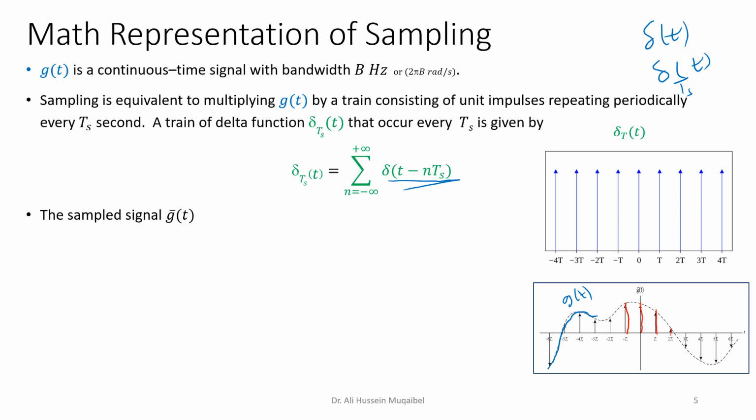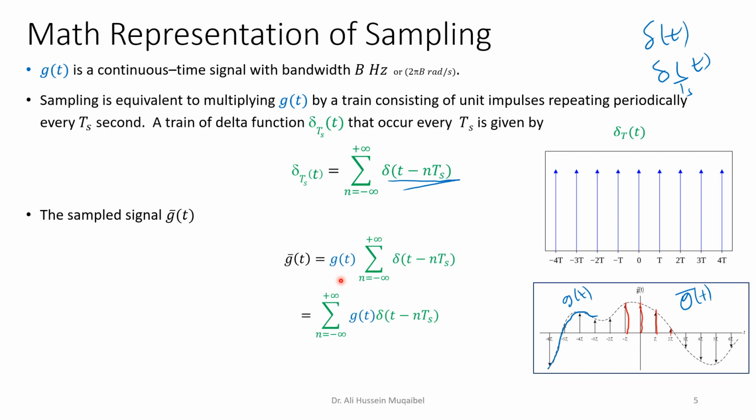And we can say that the sampled signal G bar of t is going to be the multiplication between the original function g of t and the train of impulses. If you multiply them by each other, you get the sampled signal. Why am I doing this? I am representing this in time because finally my objective is to go to frequency and see what's the spectrum of the sampled signal.